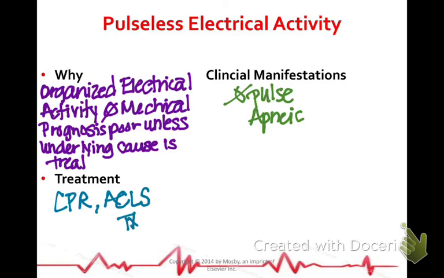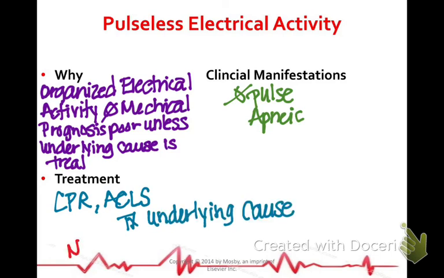The book says this is not a shockable rhythm, usually because there may be other causes, and we're going to talk about those. You want to treat the underlying cause of pulseless electrical activity.